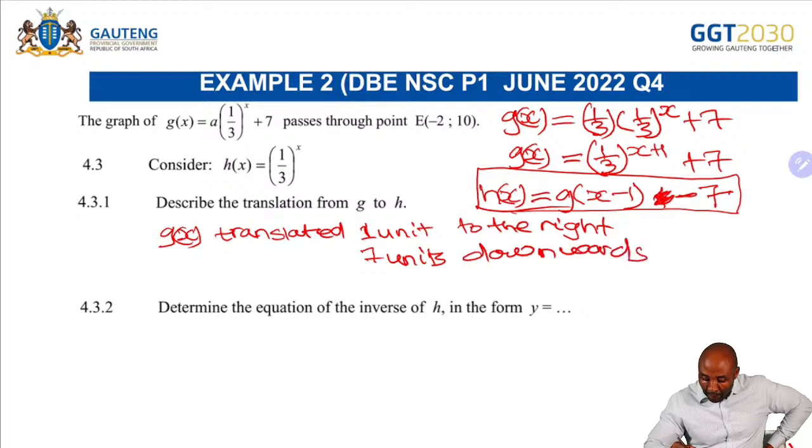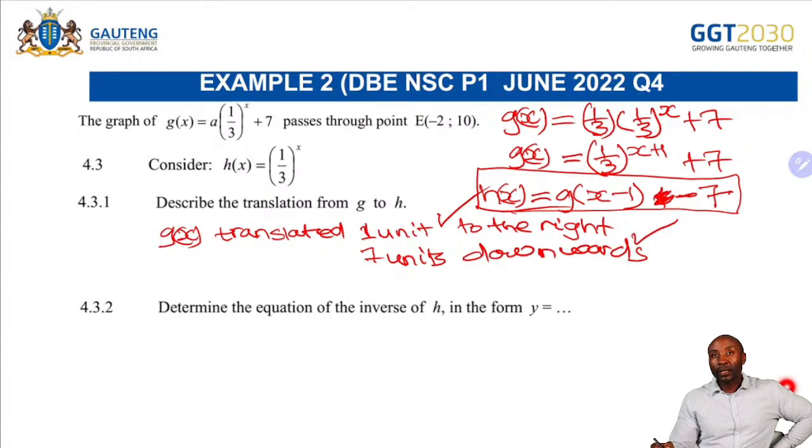You get a mark for 1 unit to the right for the direction and 7 units downwards. Our translation can be up and down, left or right. So we will get our 2 marks there.